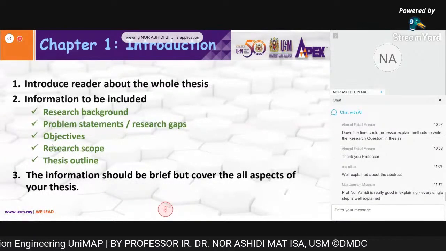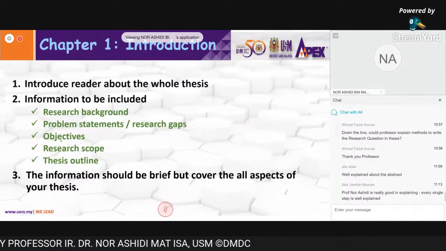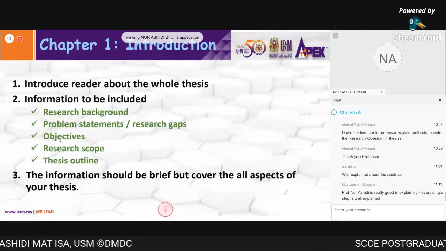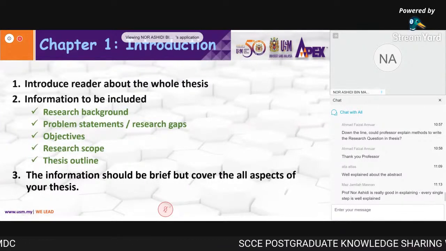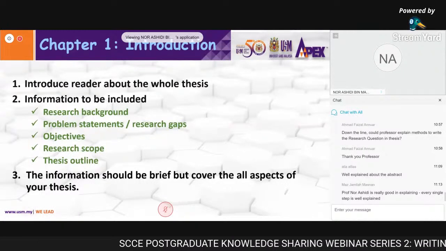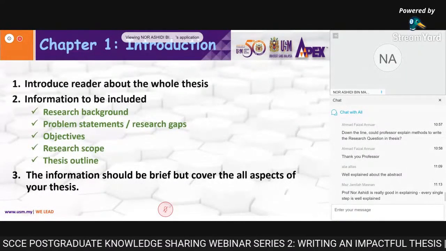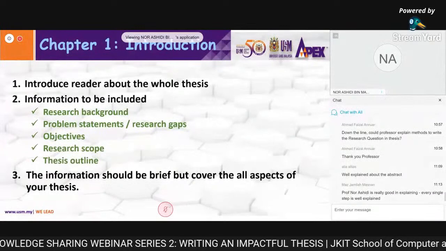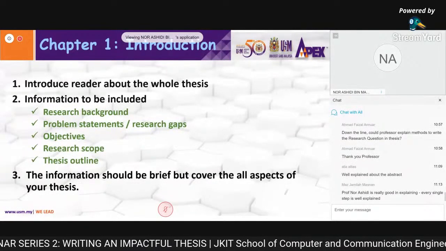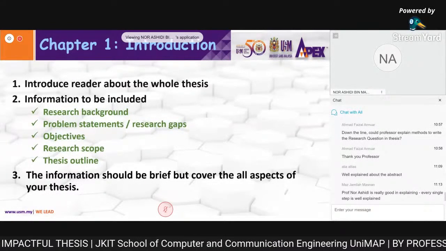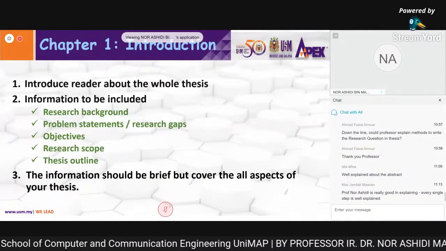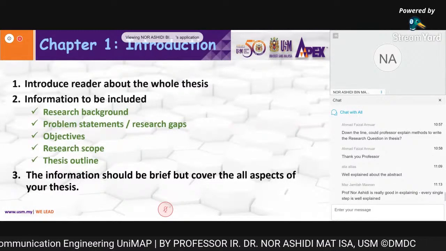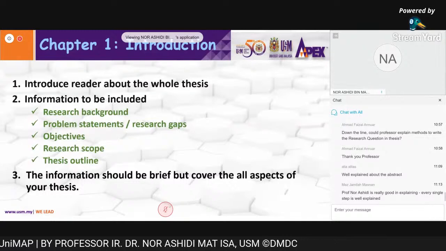And once again, the objective, as I mentioned, is very straightforward. Based on the problem statements, the objective of this research is, 1, to propose blah blah blah, which is to overcome the first research gap. The second one, to develop blah blah blah in order to make sure that it is mapped to your second research gap.